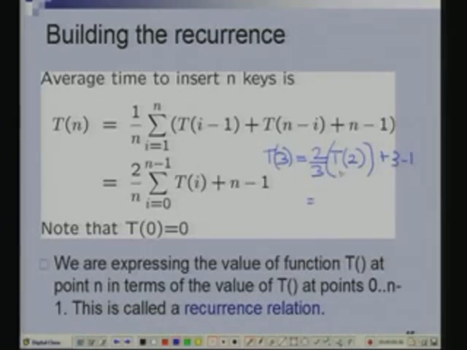T of 2 was 1, so this becomes 2 over 3 plus 2, which is 2.66, which is exactly what we computed. You can now use this recurrence to compute any t of i.